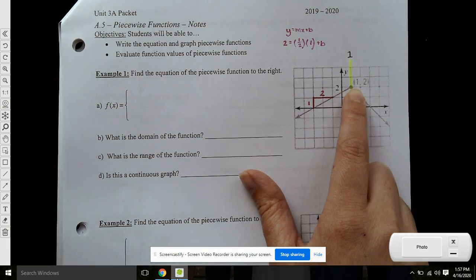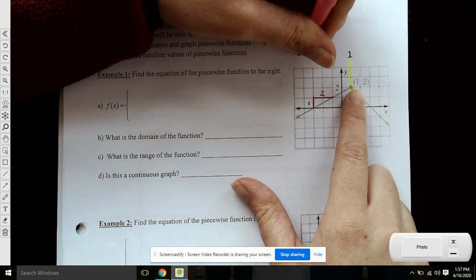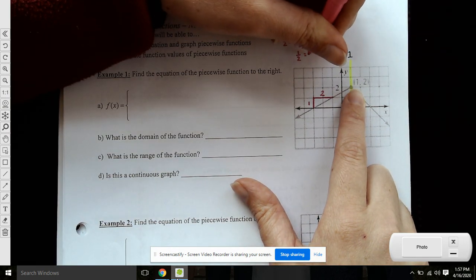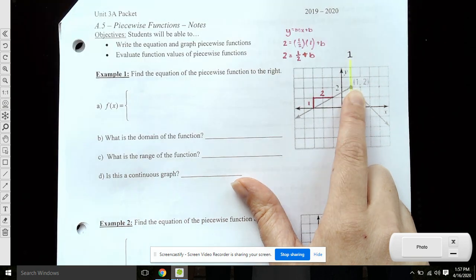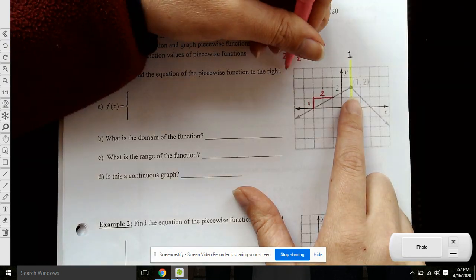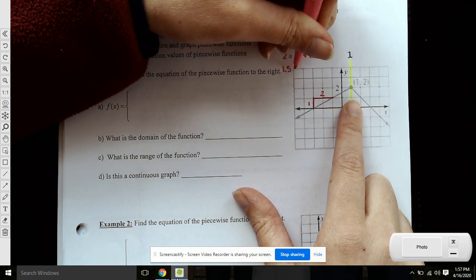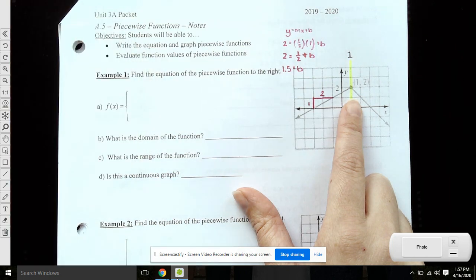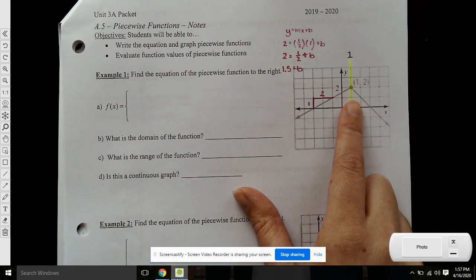So 1/2 times 1 is just 1/2. And then I'm going to subtract 1/2 from both sides. So I have 1.5 equals b. I could have also written that as 3/2. That'd be fine too.